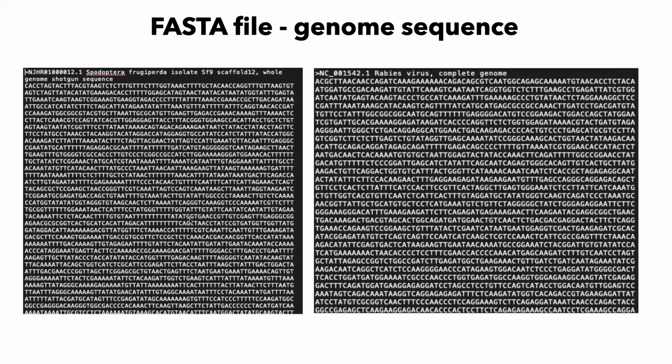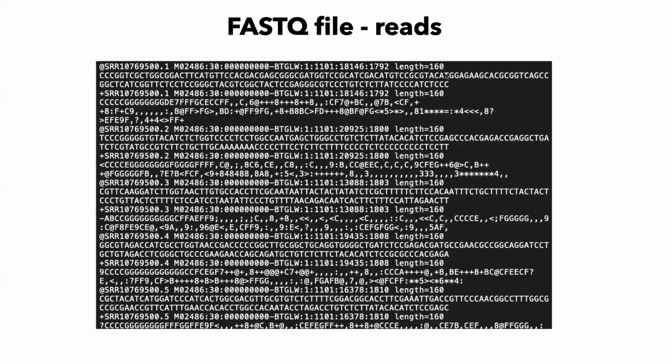When we talk about the FASTQ file, the challenge that we're trying to solve is to take each one of our short reads and map it, by this short length, 160 or whatever the sequencing length is, to the reference genome.